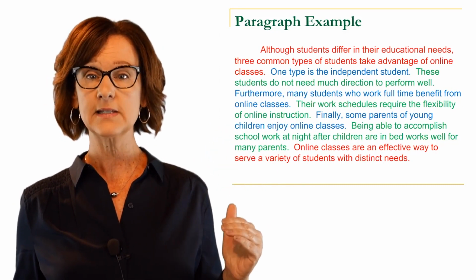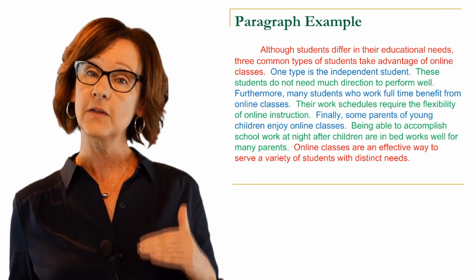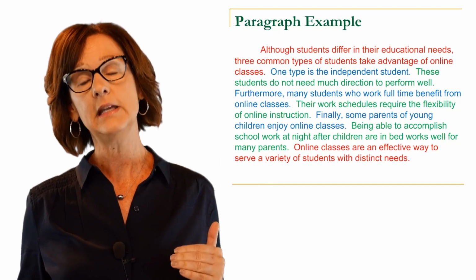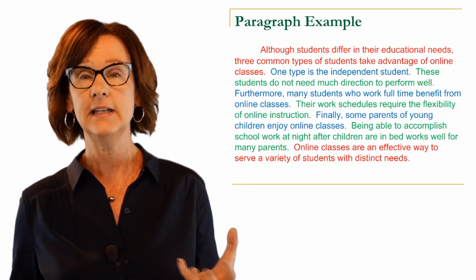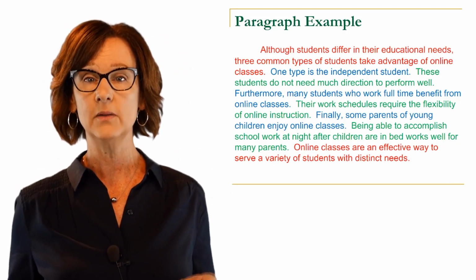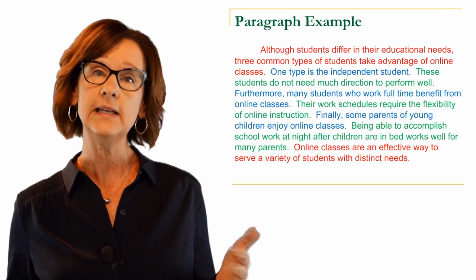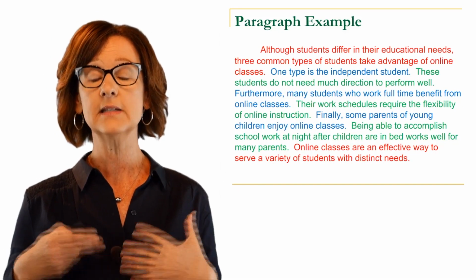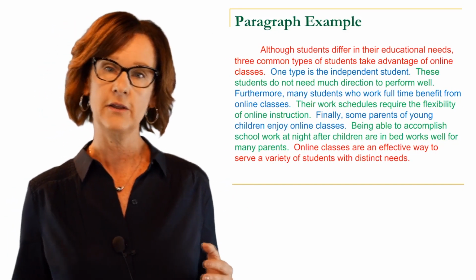Notice your blue sentences, those are your examples or reasons, and then the green is a little bit of explanation in between each of those examples or reasons, so you can add a little bit more insight into each of those. Do you see your transitional words in there as well? Notice I've got one type, furthermore, finally, words like that that help my reader connect my ideas and help my writing flow better. So let's take a look at this paragraph together.